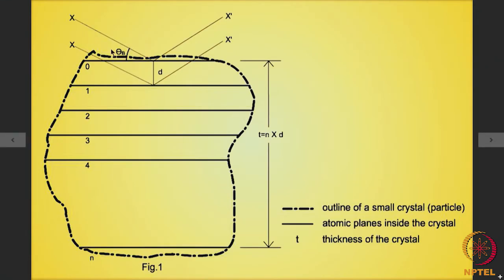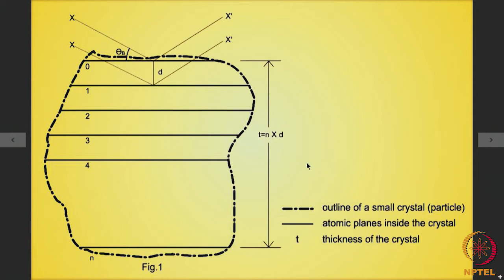So, this is say the outline of the crystal we are considering, and there are planes marked as 0, 1, 2, 3, 4 etc. up to n. So, the thickness of the crystal T we can write as n into d, where d is the interplanar distance.